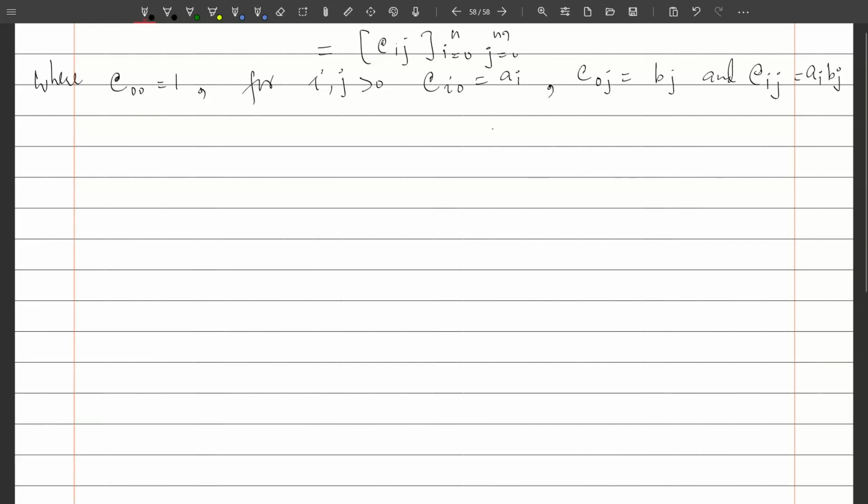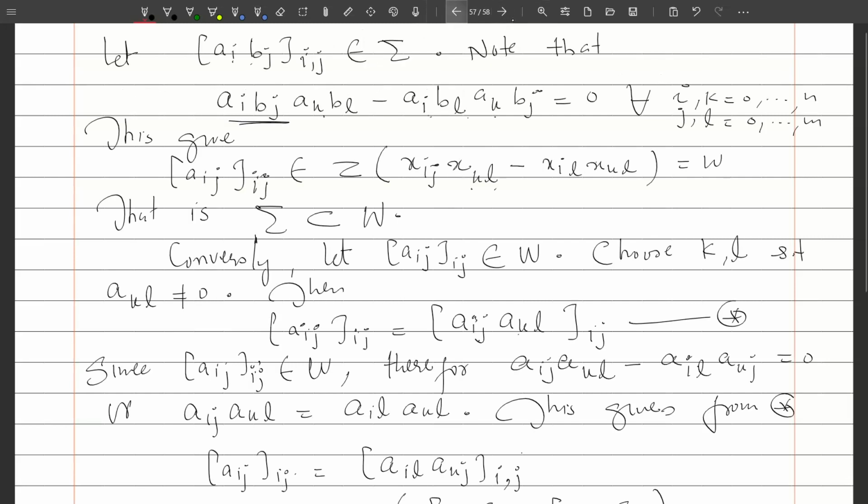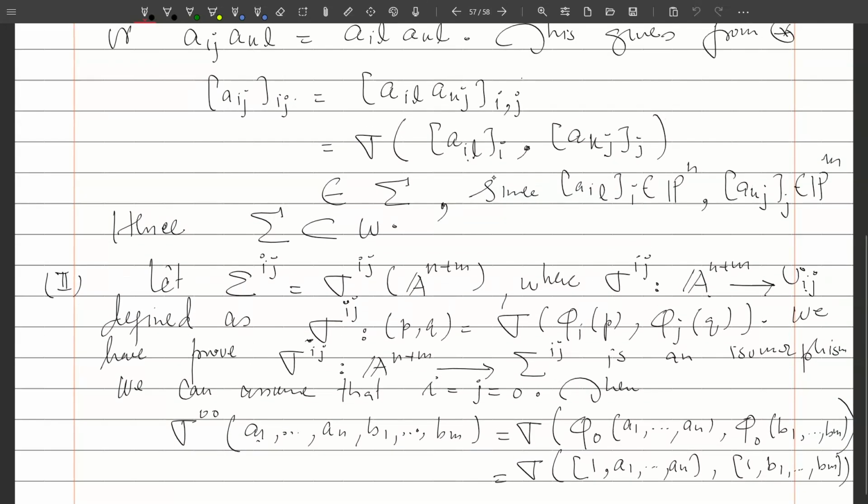So now if we look at this map the way we have defined sigma 00, the coordinates in the vector cij are just the product of coordinates inside this and this.